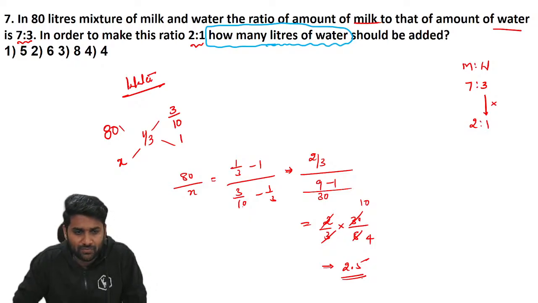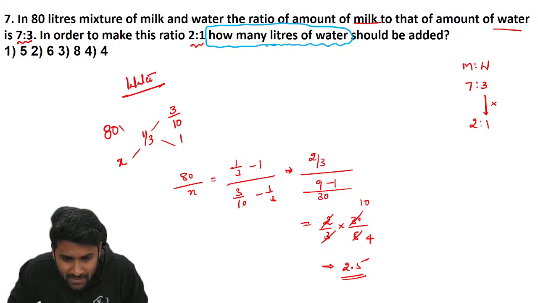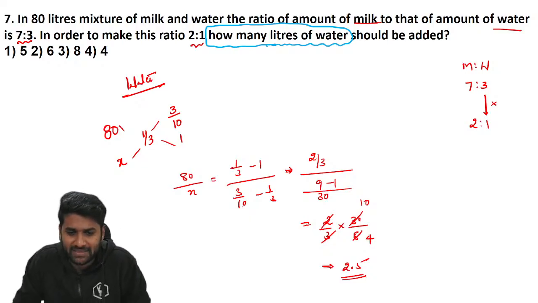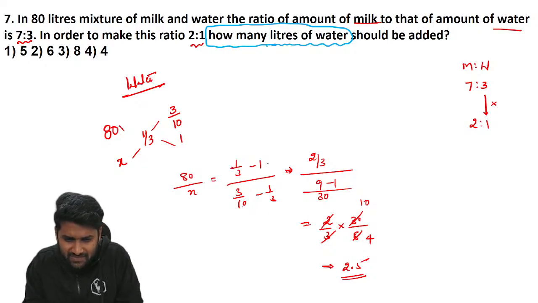How many liters of water should we add? Let's check the calculation. It's 7 is to 3 initially. Water is 3 by 10 units. And the other one, we are adding only water, x liters. And the pure concentration is 1. Then the ratio becomes 1 by 3. 1 by 3 minus 1. Sorry, I made a mistake here.